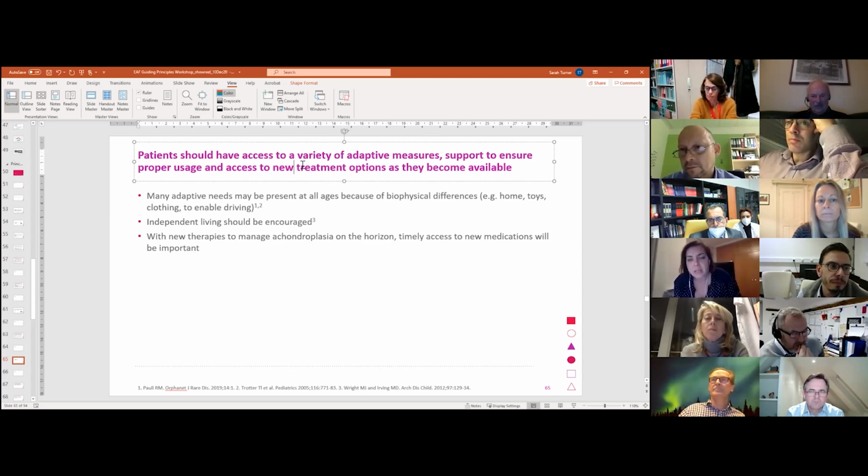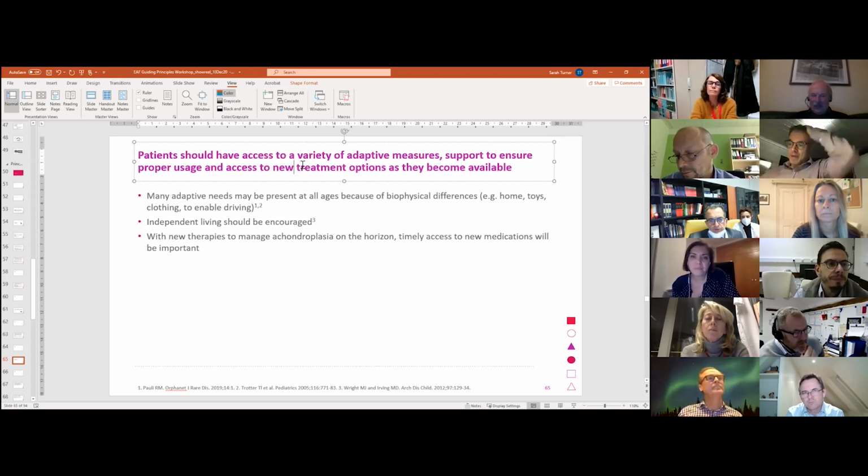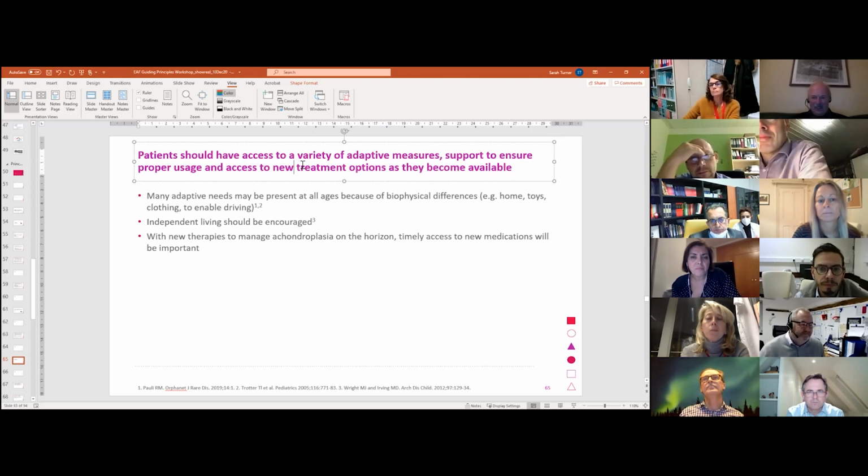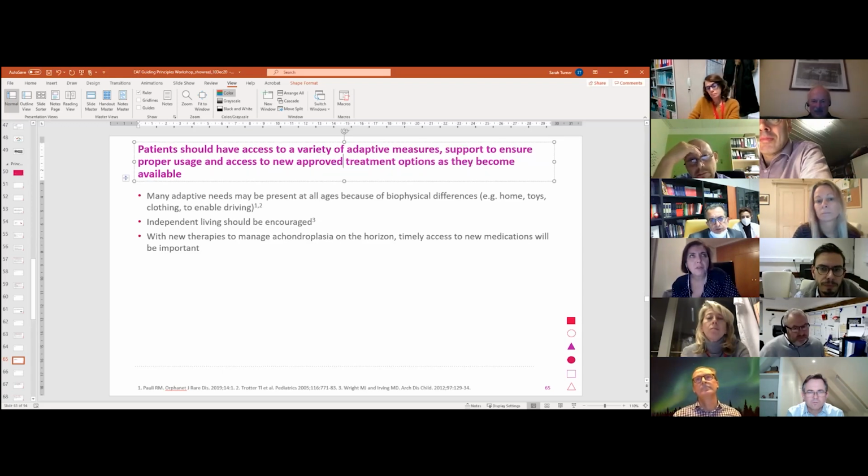So there are two phases. We're not approved treatment, because in the case of drugs we have an agency, and in other cases yes, that would not be new, approved. It doesn't need to be new. That's right.